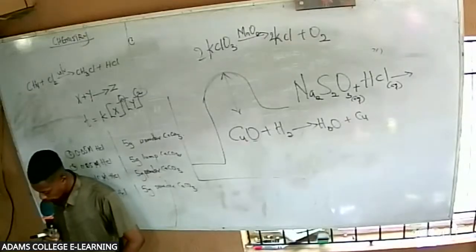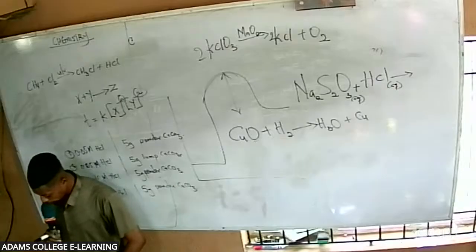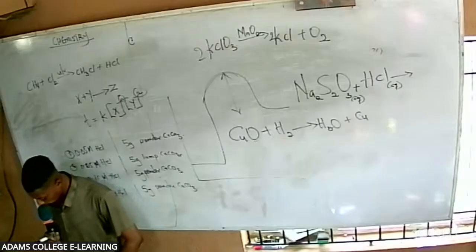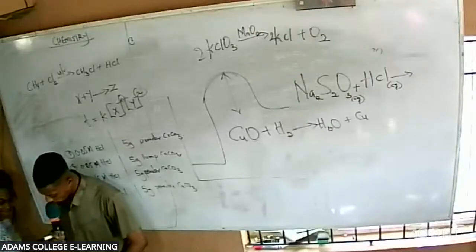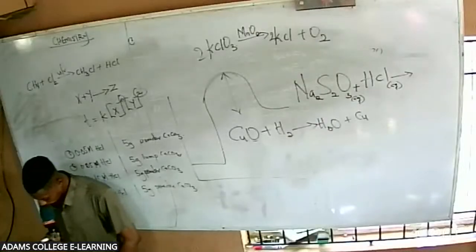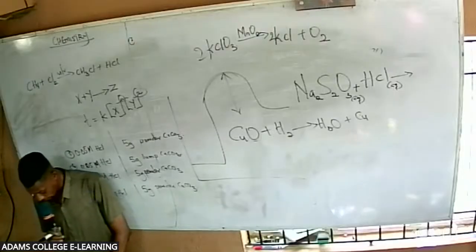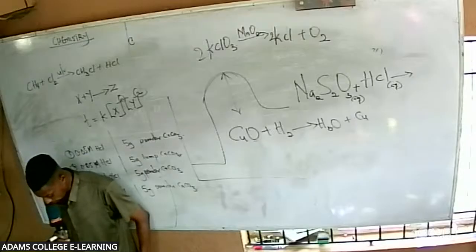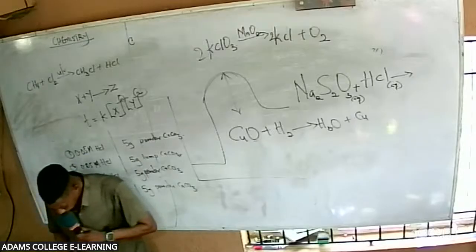Option B, allotropy. Option C, isotropy. Then option D, isomorphism. So what's the answer to that? Allotropy.